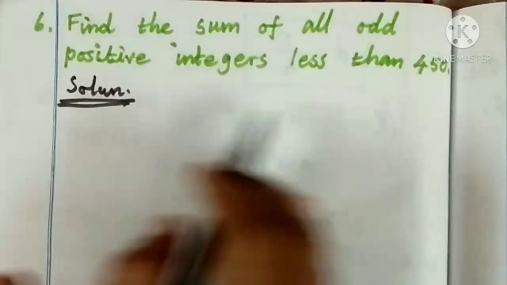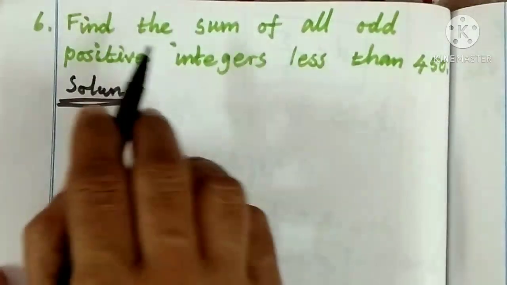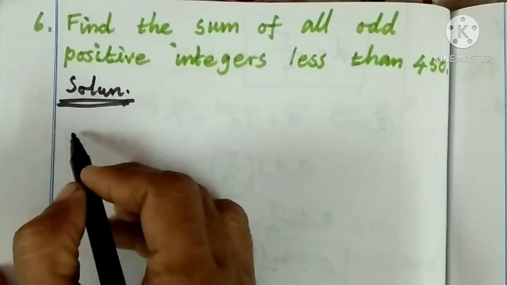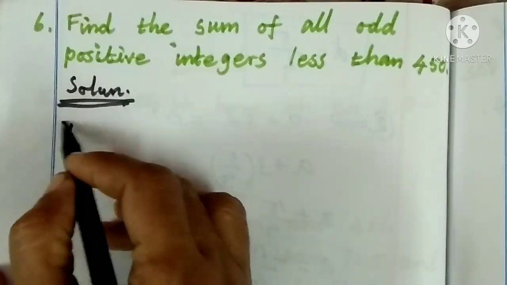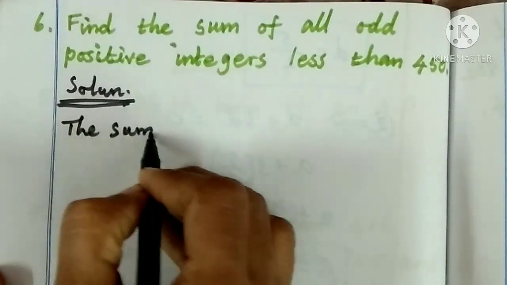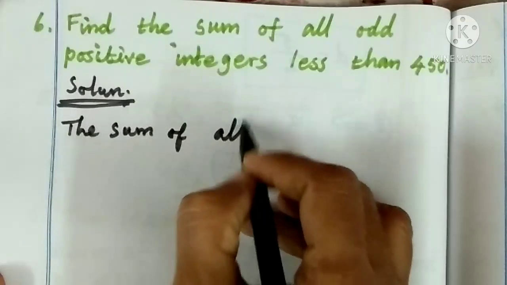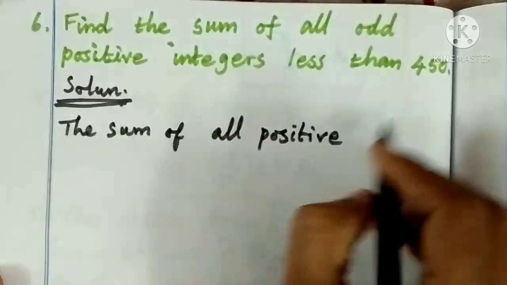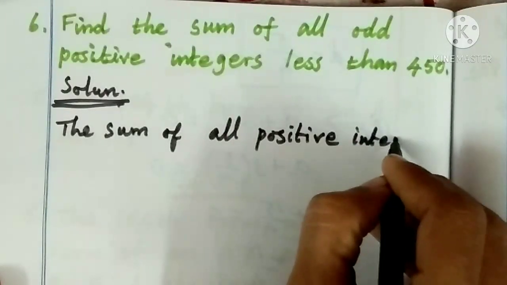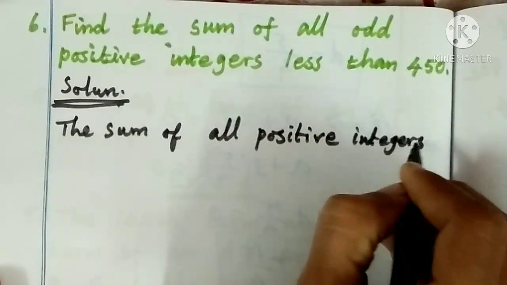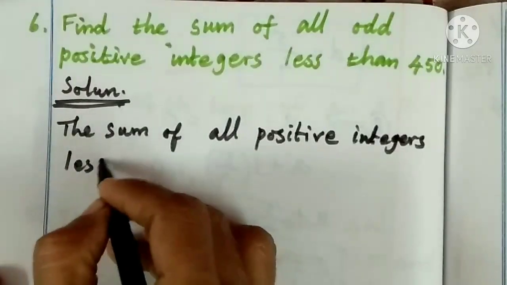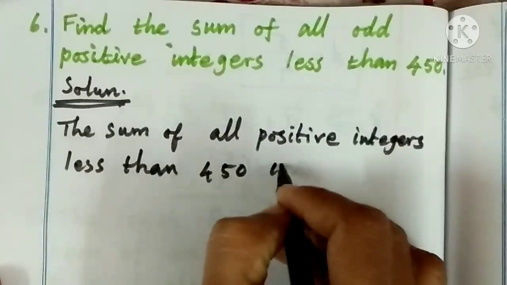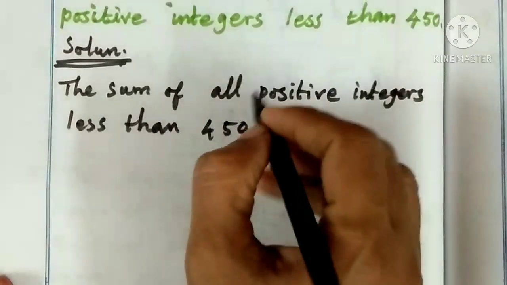First you take down and write the given question series, that is odd positive integers start from the number 1. The sum of all positive integers less than 450 is odd positive integers.